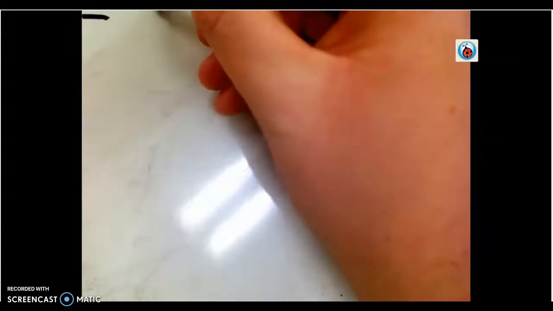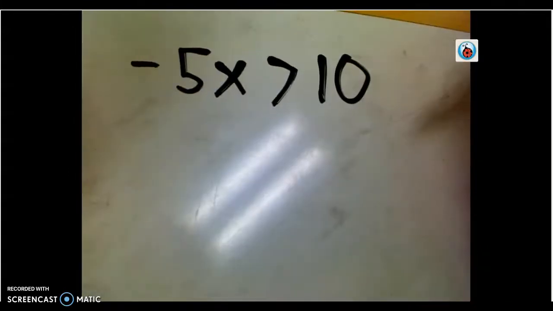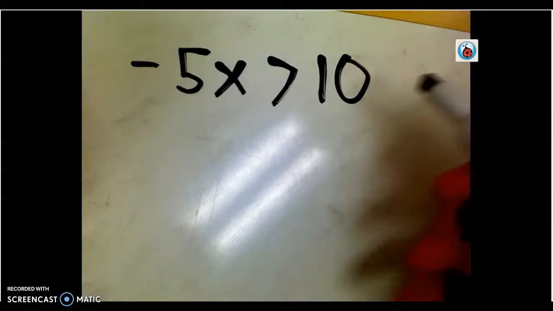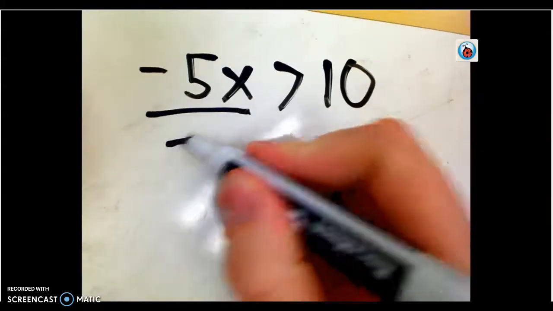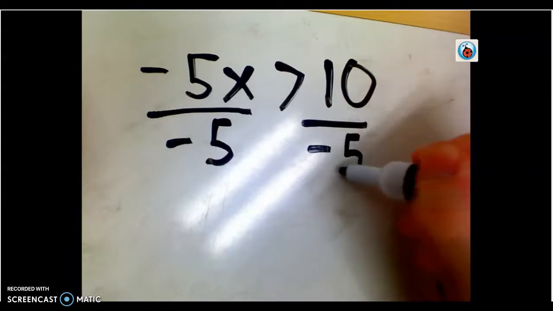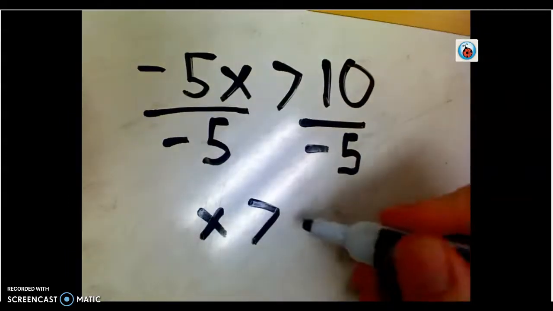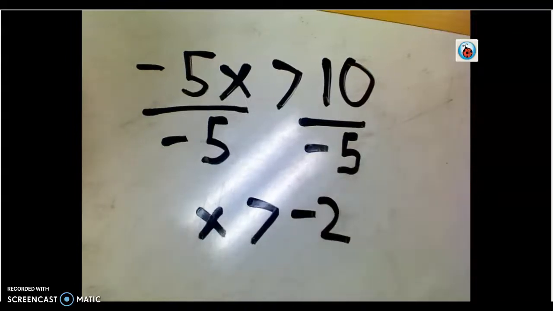Just as a little preview, if I had something that looks like negative 5x is greater than 10, if we would go about solving this normally, we would divide by negative 5 on both sides, and we would get x is greater than negative 2.